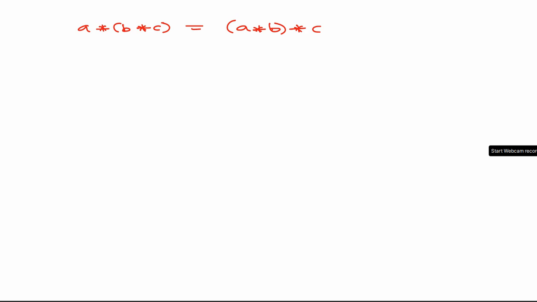I know the first expression I told you is a star b star c is equal to a star b star c. But according to associative, these two are one and the same as long as the operation is star everywhere. So let me just go with the one I taught you in the explanation given earlier. I don't want to confuse anyone.